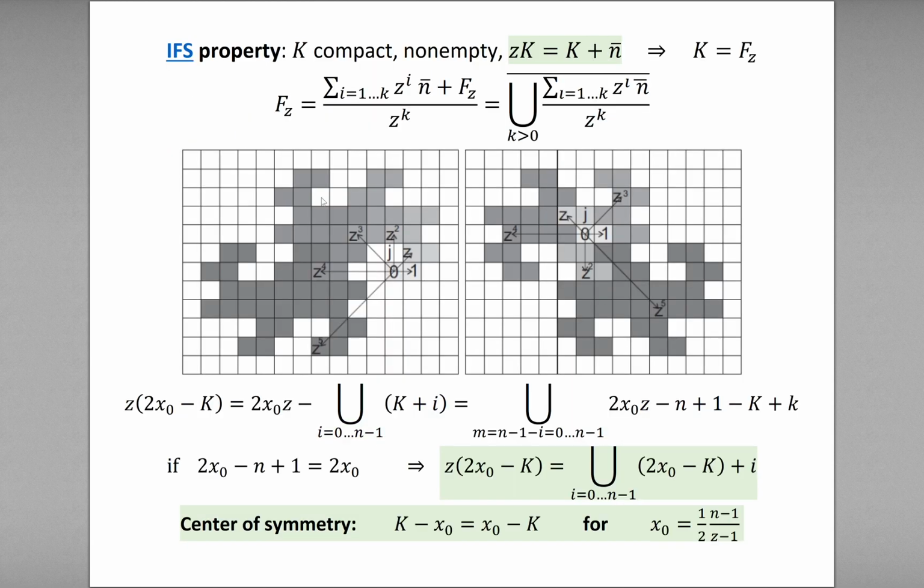Having this iterated function system property, this self-similarity relation, it uniquely defines a set if only we know that K is compact and non-empty. Using this self-similarity relation multiple times, we get this kind of formula, and in the limit we see that it forgets about the exact starting structure, and we get this unique compact set.